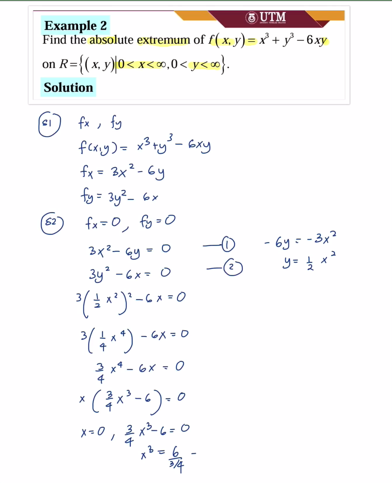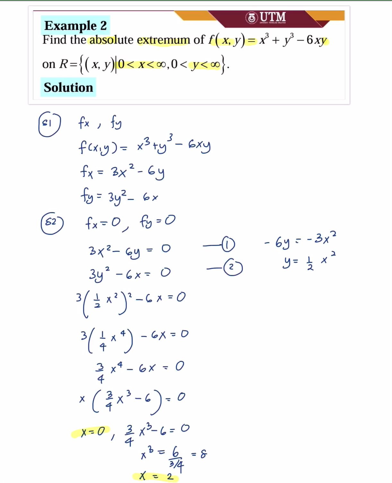So basically 24 over 3 is 8, so x cubed equals 8, the cube root of 8, so x equal to 2. Therefore we have x equal to 0 and x equal to 2.